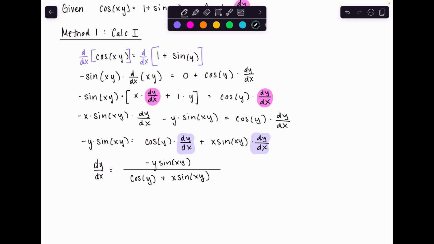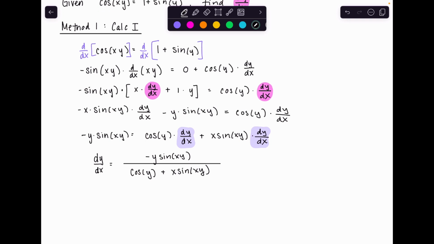Now what I want to do is show you using the chain rule that we just learned. Method 2 is just by moving everything to one side to get the function equals 0. And then from our tree diagram, we get dy/dx is negative partial with respect to x divided by the partial with respect to y.